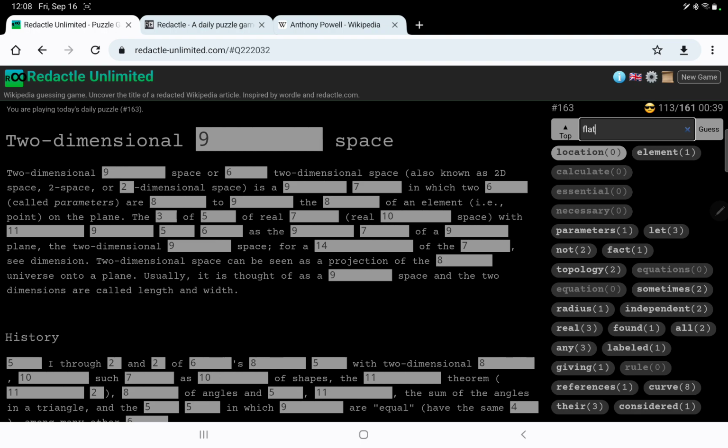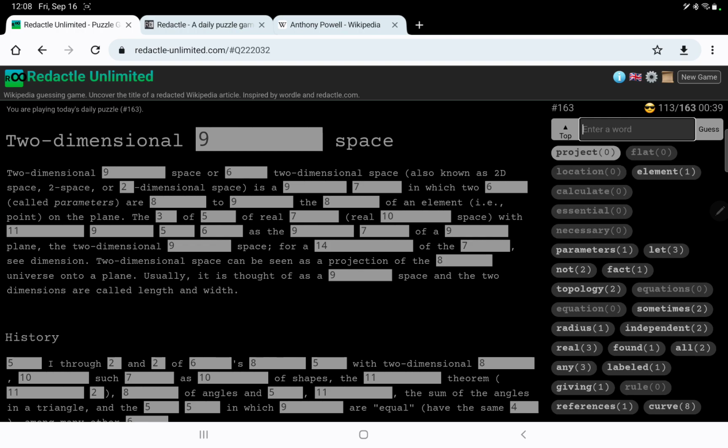Let's try flat. Oh. Let's try project. Oh. For a 14 of the 7C dimension. And then what is this 8 universe? This meaning, I suppose, 3-dimensional.